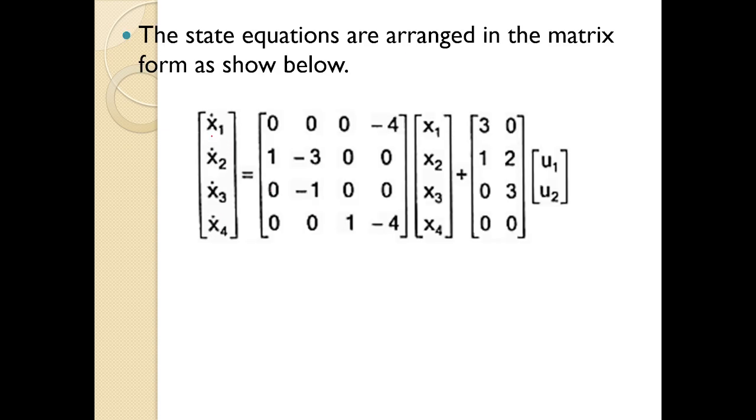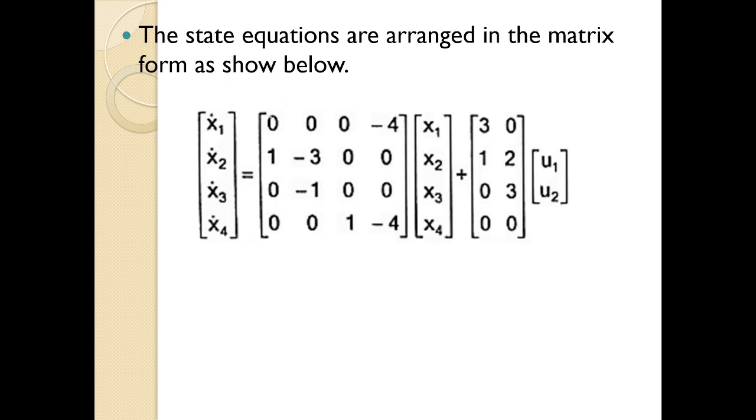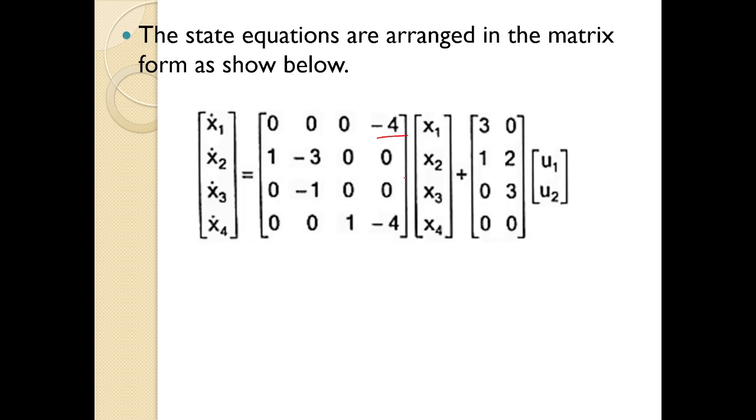So this is the matrix form: x1 dot, x2 dot, x3 dot, x4 dot matrix. And just see, in this equation only x4 is there. So x1, x2, x3 coefficients are 0. Only x4 term is there. What is the coefficient of x4? Minus 4.